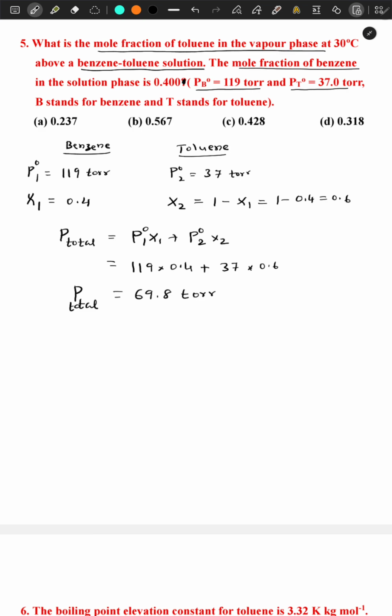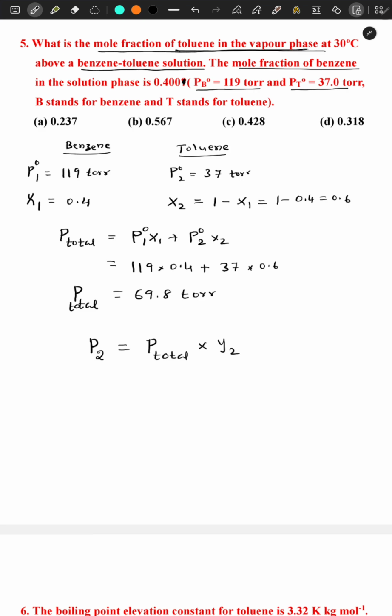Okay, total vapor pressure. But the question is the mole fraction of toluene in vapor phase. So toluene means component 2. So the partial vapor pressure of component 2, P2, is equal to P total into the mole fraction of component 2, toluene, in vapor phase, that is Y2.